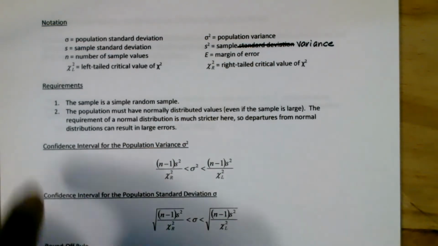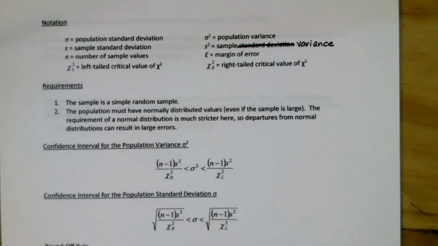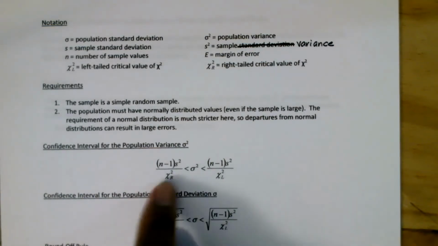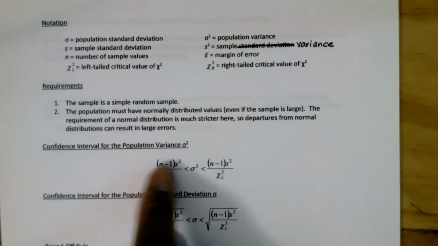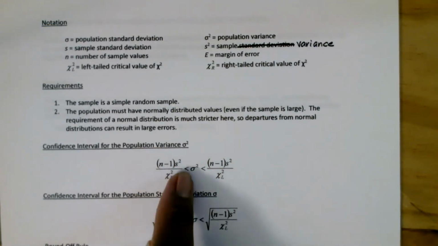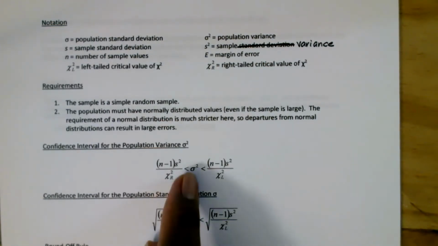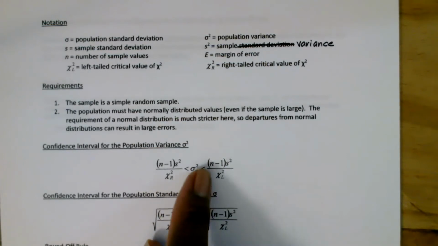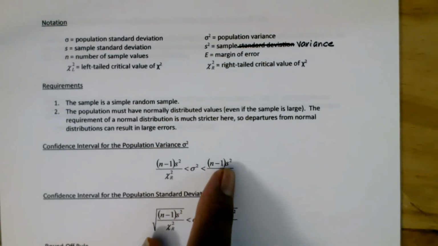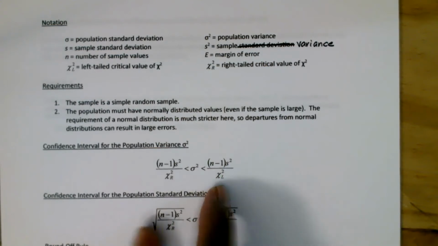Now, for the confidence interval, if you're dealing with a population variance or sigma squared, this is the format for it. N minus 1 times S squared divided by the chi-square value on the right, that's going to be less than sigma squared and less than N minus 1 times S squared divided by the chi-square value on the left.